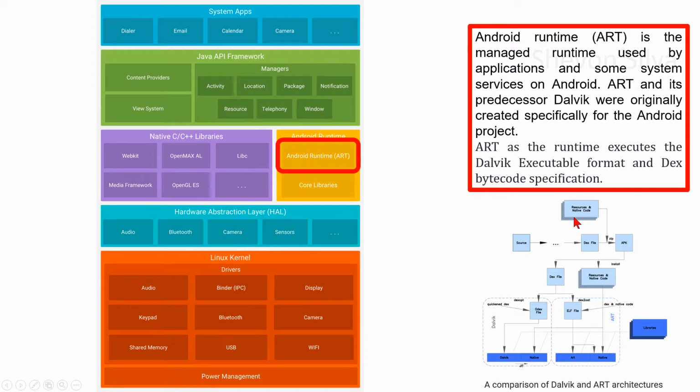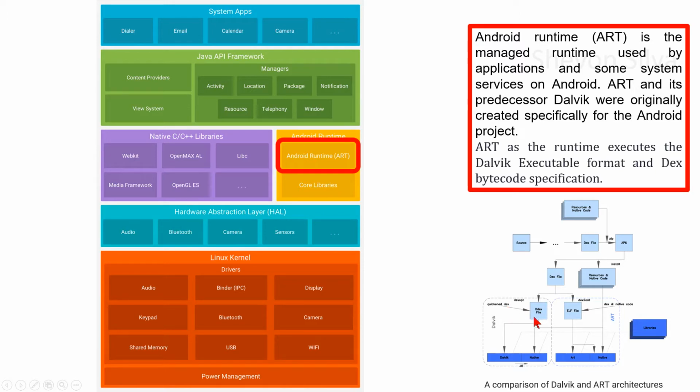Here resource and native code is going here, and source here, and the DEX file is here, and it's moving into zip and APK. Then installation is going here, install, and the DEX file is here. In Dalvik it's DEXOPT here, and the ODEX file is here.